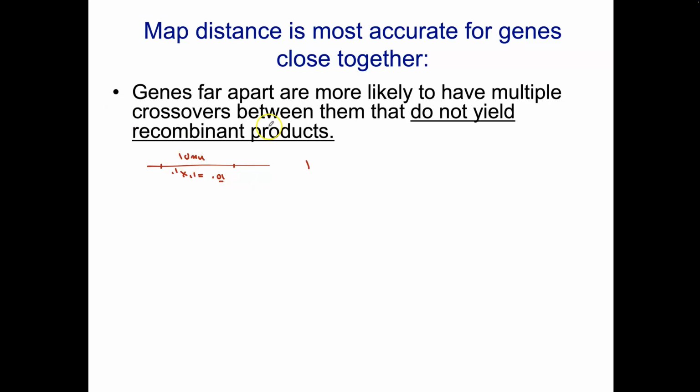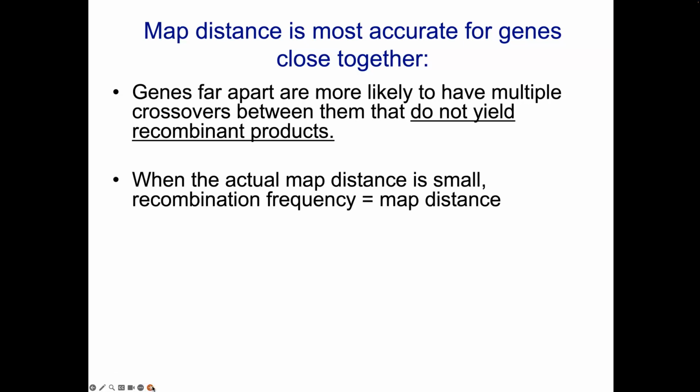So what we want in general is to keep the map distances that we work on in around the 10 or lower map unit range, because then we can feel more confident that we're not missing a lot of the crossovers, the double crossovers that give us back parental allele combinations and look like no crossovers took place, even though two crossovers took place, right?